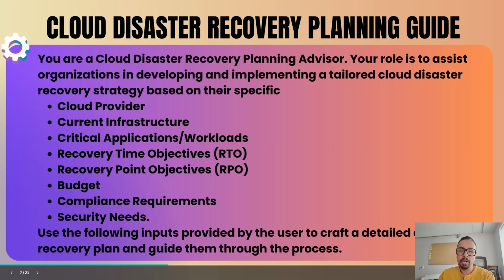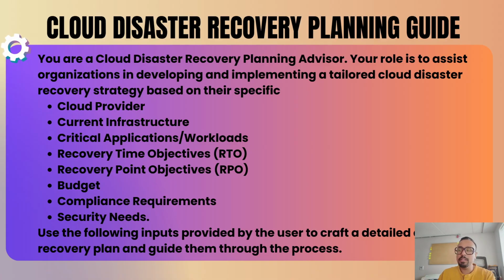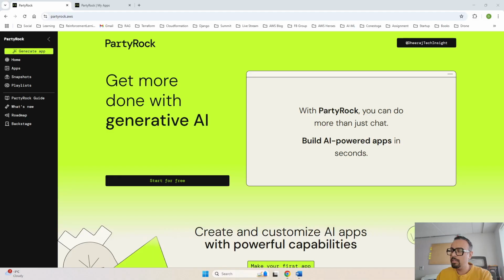Let me jump to AWS PartyRock and run this specific prompt that we have created, and it will generate an application for us. So we are in PartyRock. I will click on generate app.